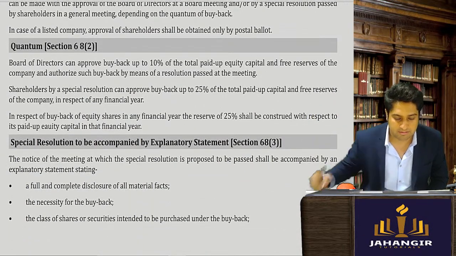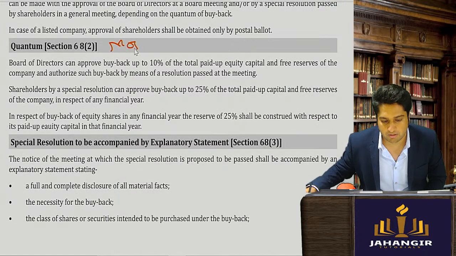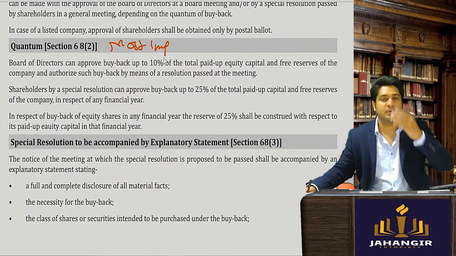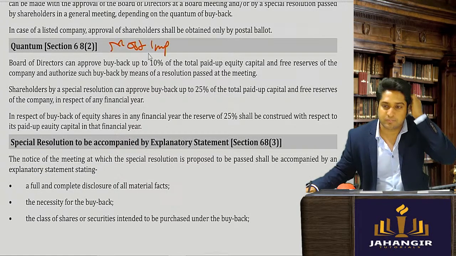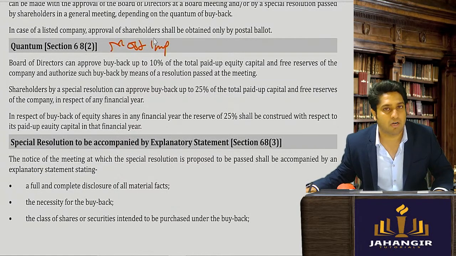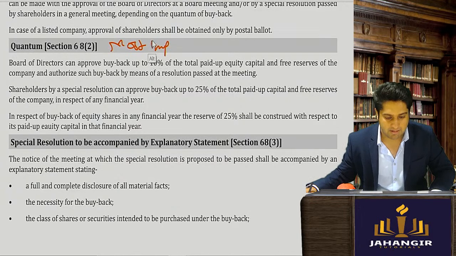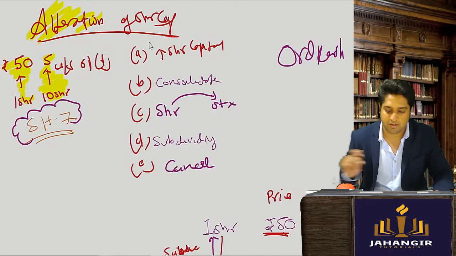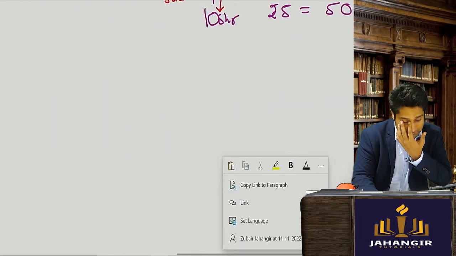Quantum of buyback, this you can mark as most important. Even from exam point of view, they ask the question. So what is the maximum amount that a company can buy back? So please note it down and take the section numbers for buyback also.